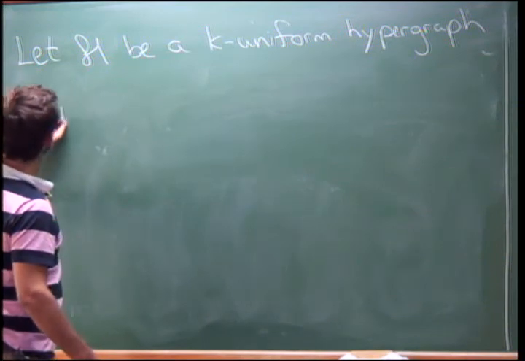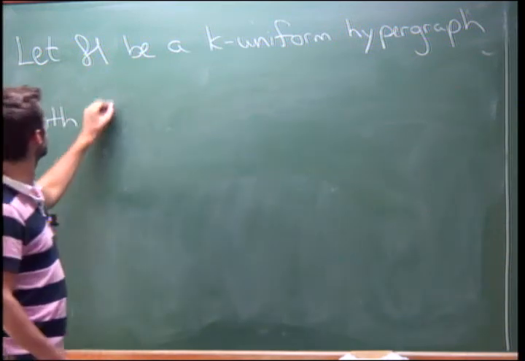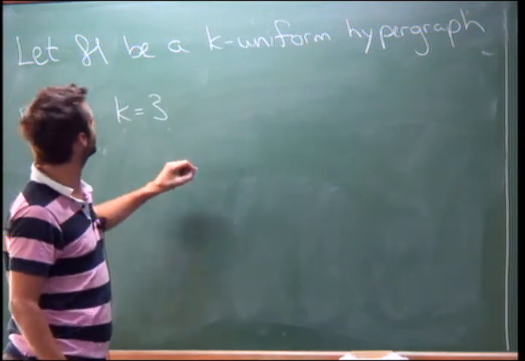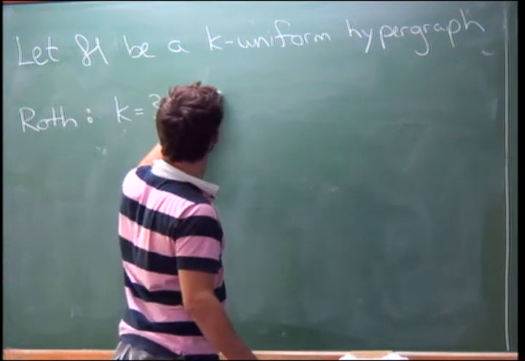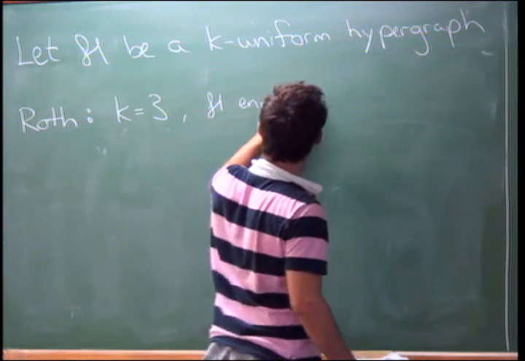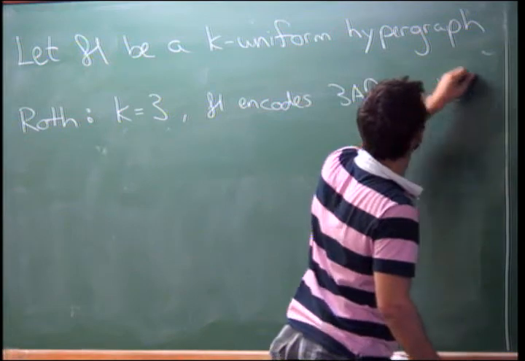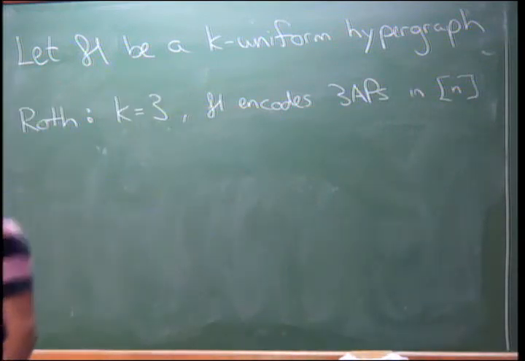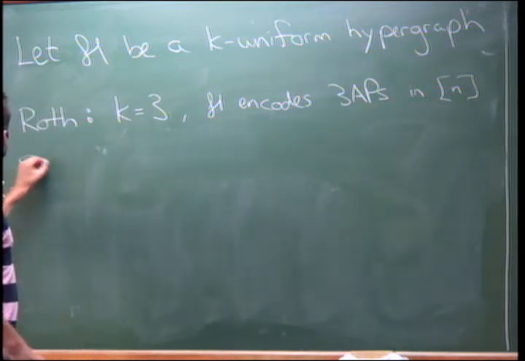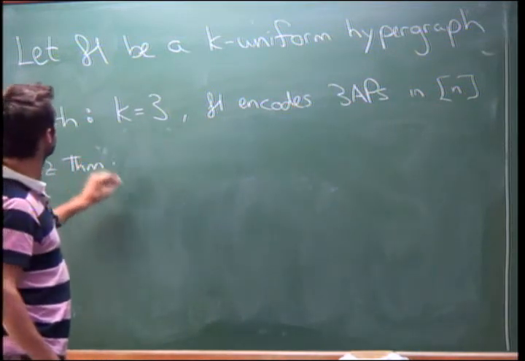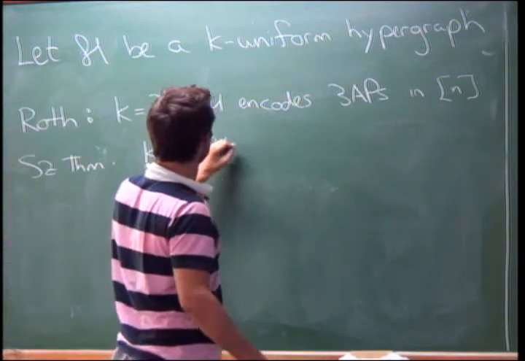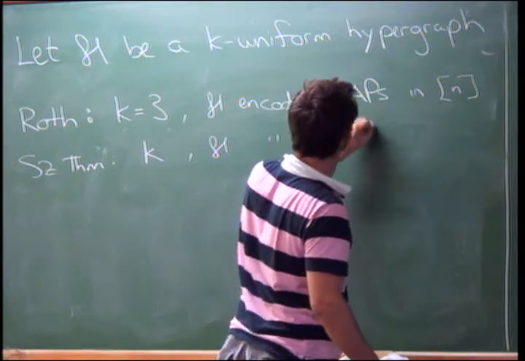For Roth, k equals 3, and the hypergraph encodes 3-APs in 1 up to n. So the vertex set is 1 up to n, and the edges are the triples which form 3-term APs. Similarly for Szemerédi's theorem, k is general, and H encodes k-term APs.